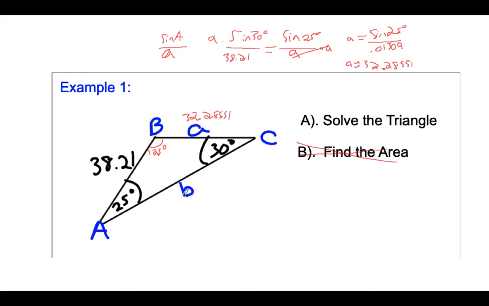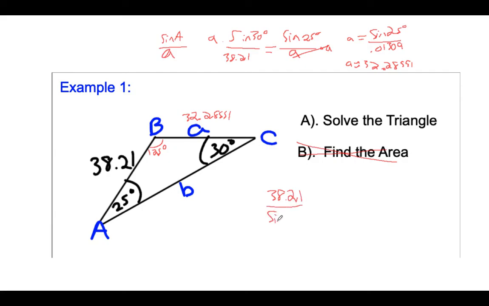Okay, so now the last thing we need to solve is little b. Usually, if this is a right triangle, we could just do the Pythagorean theorem, but we're going to set up another ratio. So again, we want to pick two sides that we already know. So I'm going to do the 30 and the 38.21 again. However, I'm going to do the reciprocal of that. That way it's easier solving.